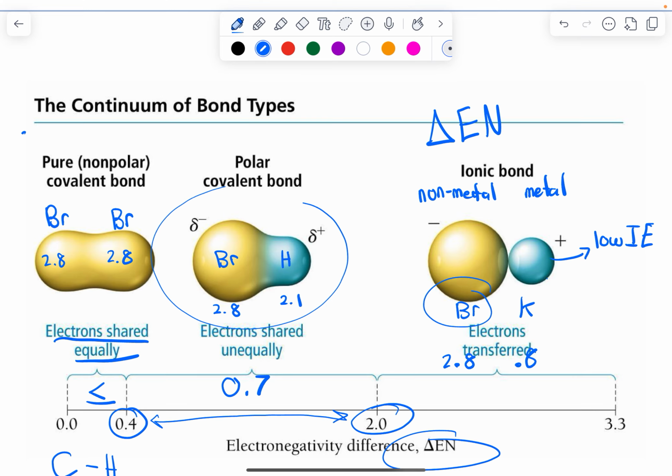It is better at attracting the electrons than the hydrogen is, but not so great that it's going to rip the electron away. So again, think of the tug of war. Think of there being a rope in between. The electrons in the bond are like a rope in between the two atoms, but the bromine is strong enough that it's tugging on that rope better, and it actually gets some of the rope to go further over to its side. The hydrogen can still hold on to some of it, but the bromine is pulling on that rope and getting more of the rope.